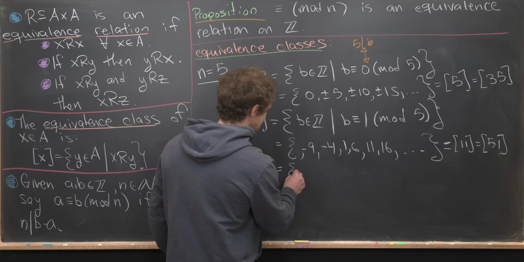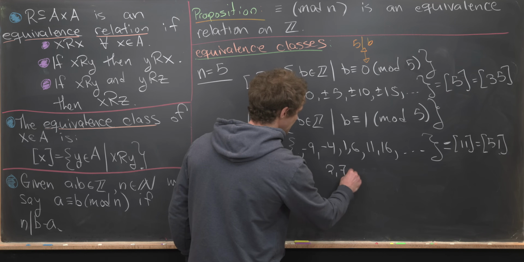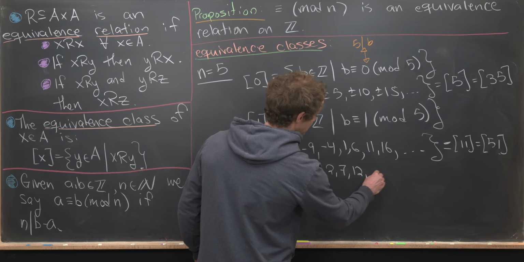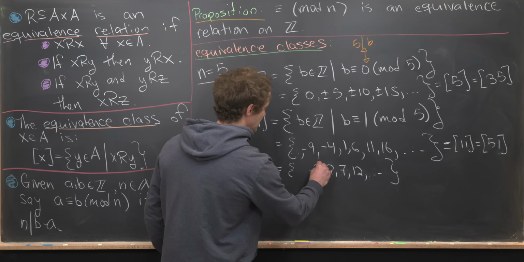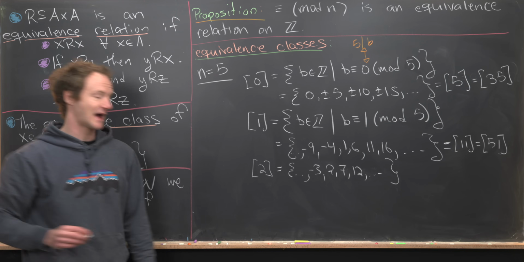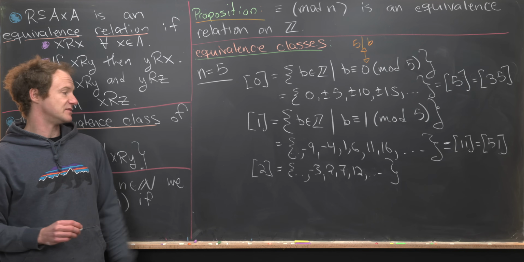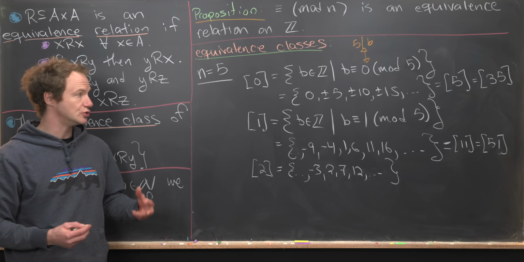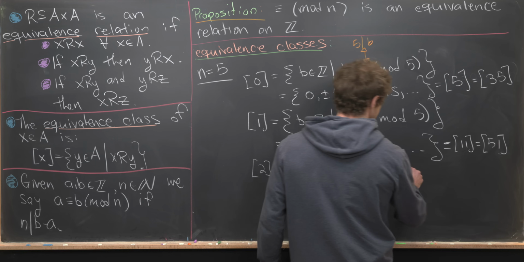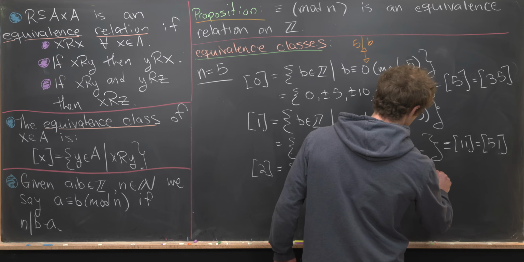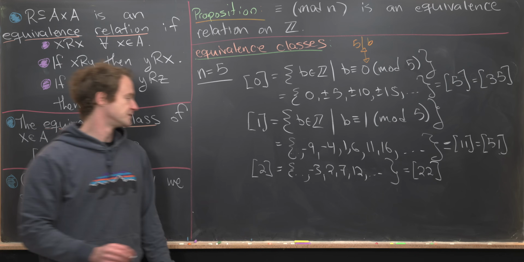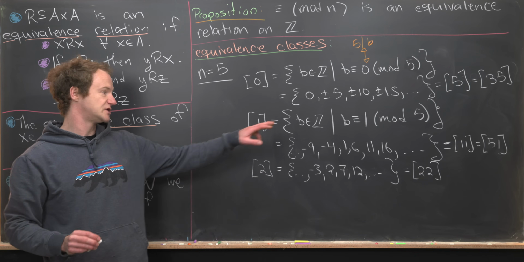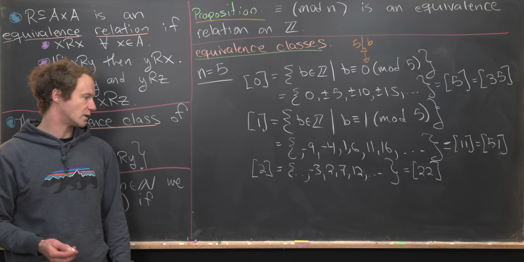So to write that as a list, it would be something like 2, 7, 12, up in that direction, and then minus 3, and then back in that direction. So that's going to be everything congruent to 2 mod 5. Notice some other things could serve as representatives, like 22. So the equivalence class of 2 is the same thing as the equivalence class of 22.